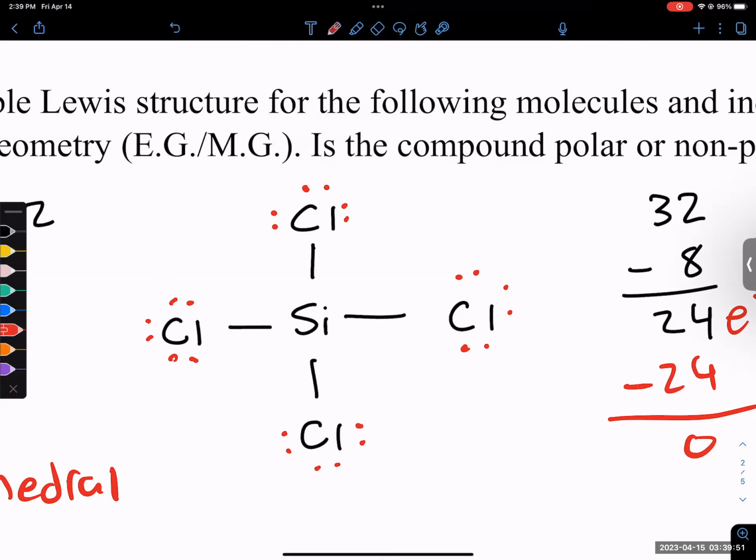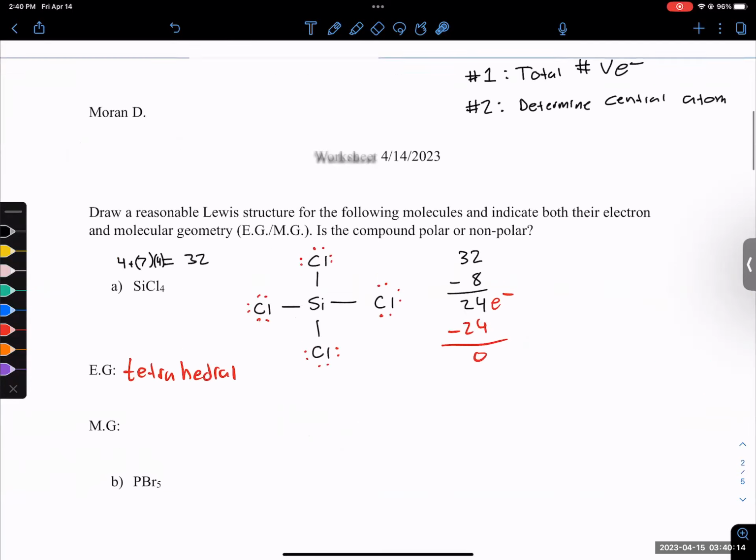And if you had a lone pair, how many electron regions would you have in this case? 1, 2, 3, 5, exactly. So you could have 5 electron regions if you had a lone pair, but because we have no lone pair and just 4 bonds around silicon, we have 4 electron regions.